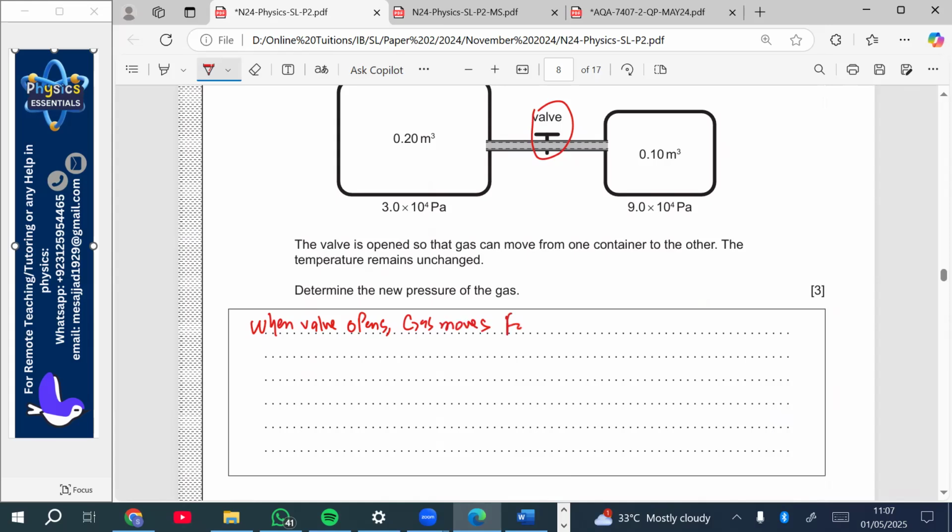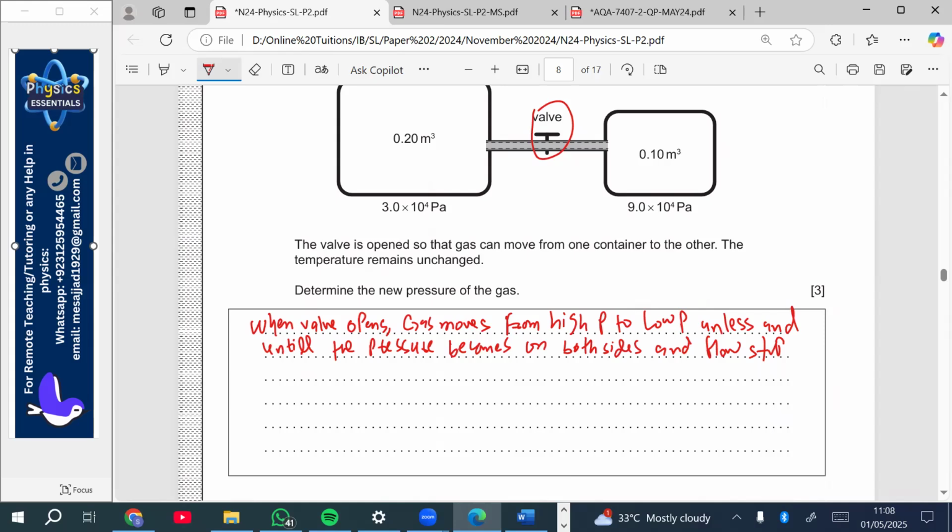Gas moves from high P to low P until the pressure becomes the same on both sides, and the flow stops.